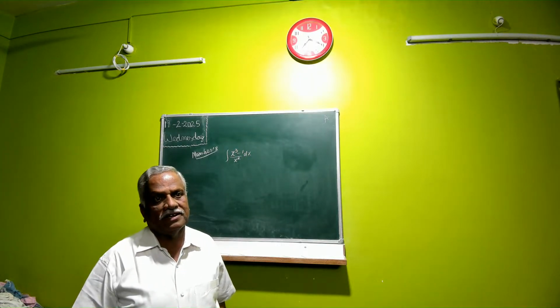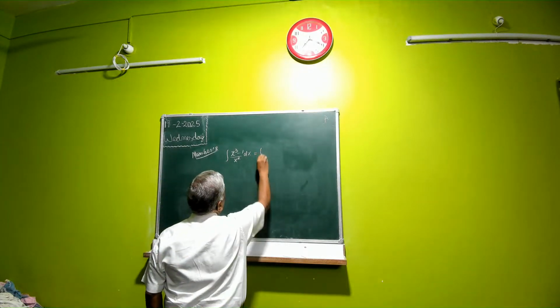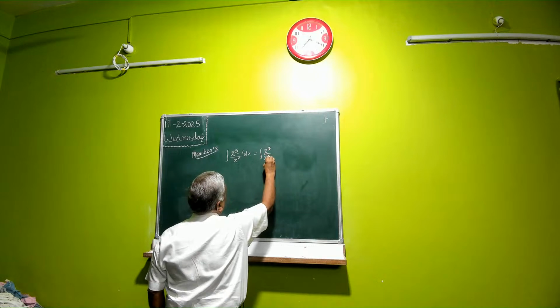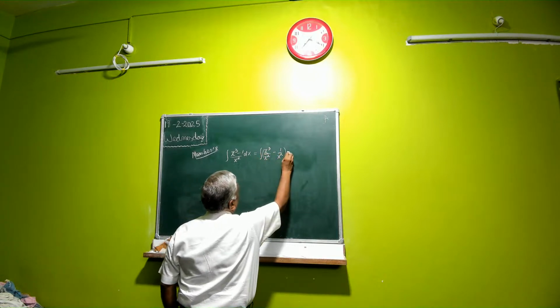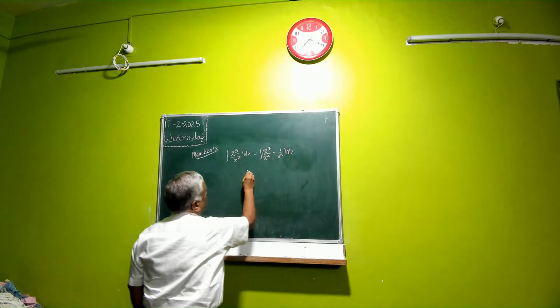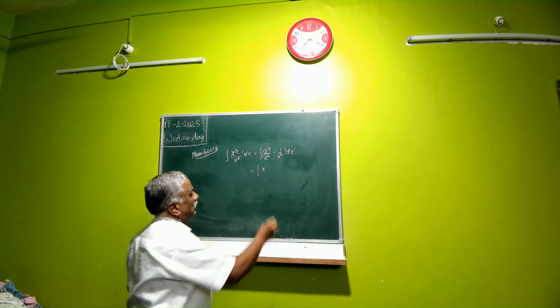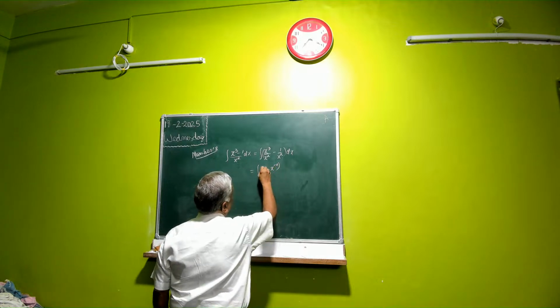You simplify and then integrate. How to simplify? You can separate the terms. You get x cube by x square minus 1 by x square. X cube by x square is x. And 1 by x square you write as x to the power of minus 2 dx.